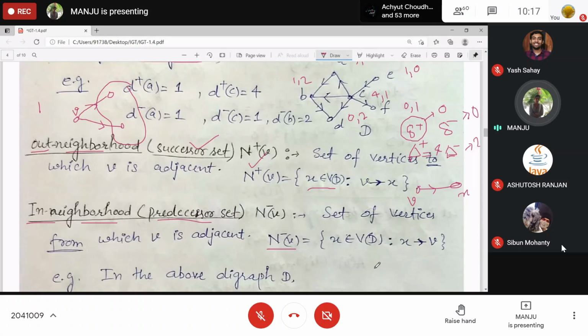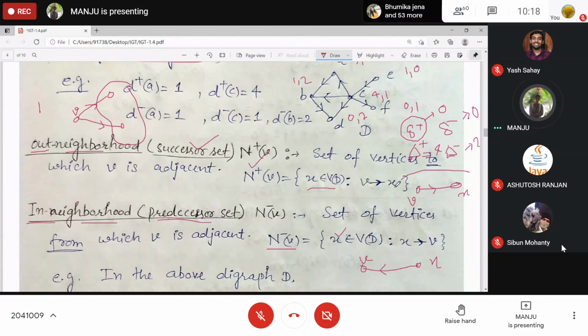So the in neighborhood will be, if we have V here and X here, then it should be coming towards V: all those X such that there is an arc from that point to V. Or you can say all those vertices from which V is incident, or which are adjacent to V. Clear?